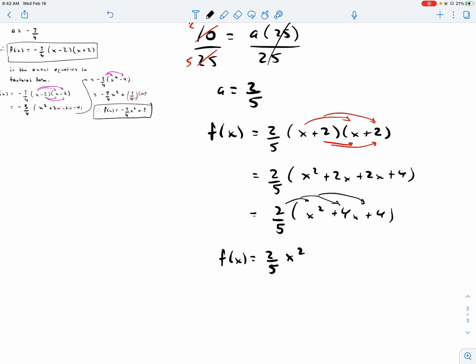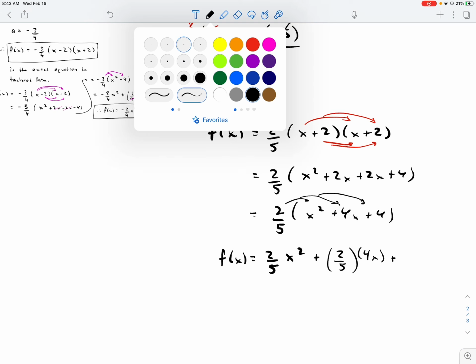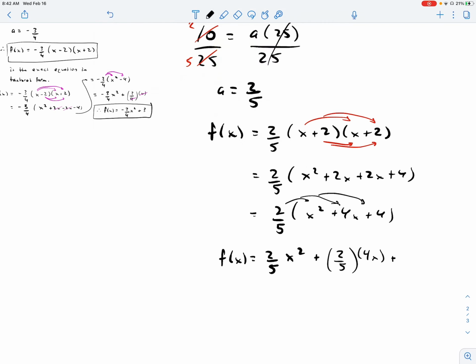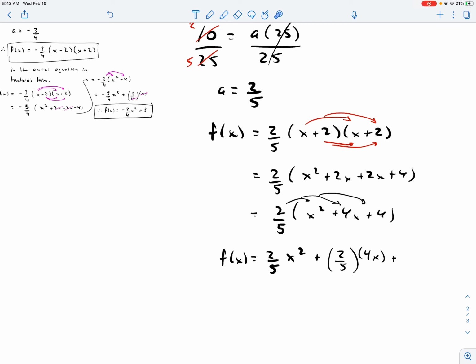2/5 times x squared is 2/5 x squared. Then I'm going to have to multiply this by the 4. So we're going to have plus 2 over 5 times 4x, and then plus 2 over 5 times 4.